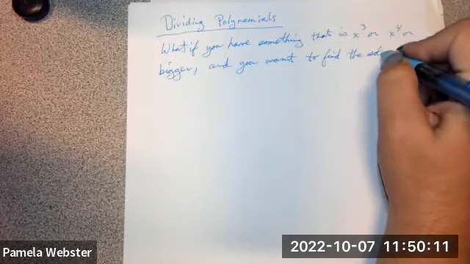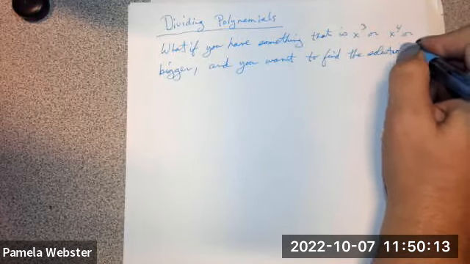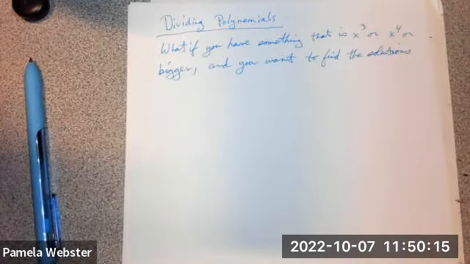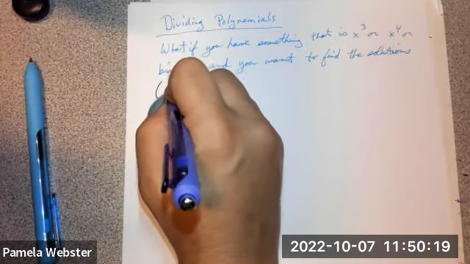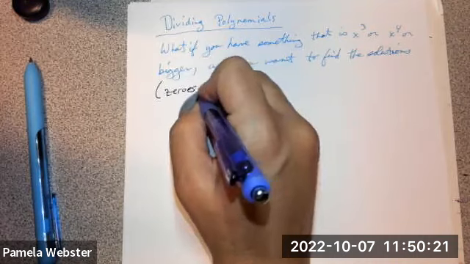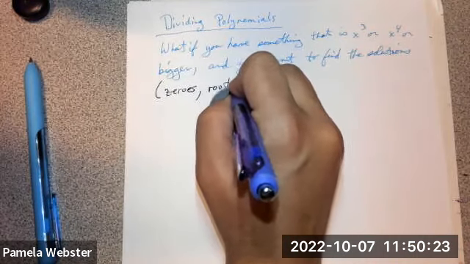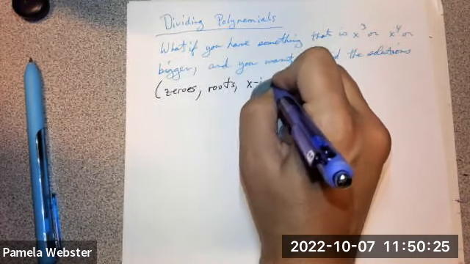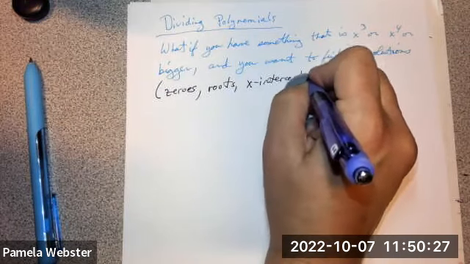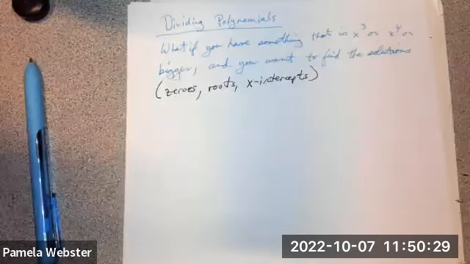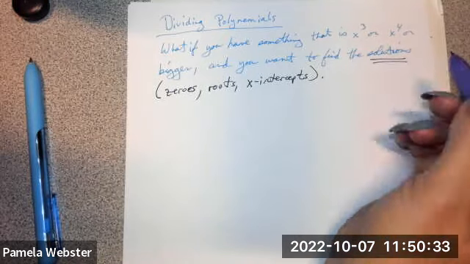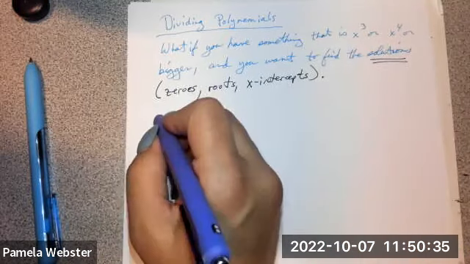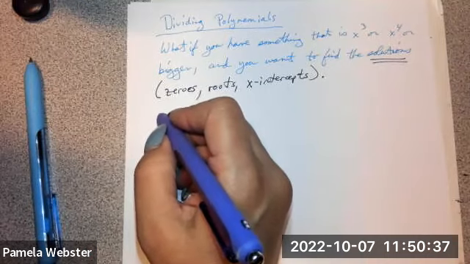And like we talked about the other day, when we say find the solutions in our math brain, hopefully that means find your zeros or find your roots or find your x-intercepts, anything like that. Those would be great, right? So that would be considered my solutions. Those are all different words for the same thing.